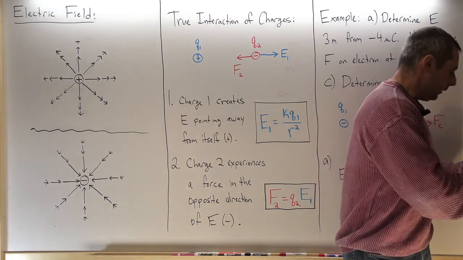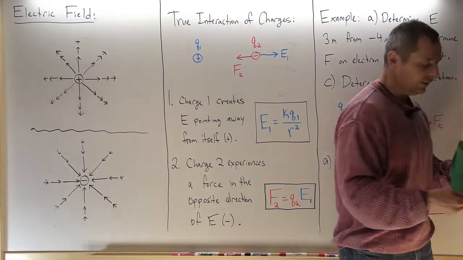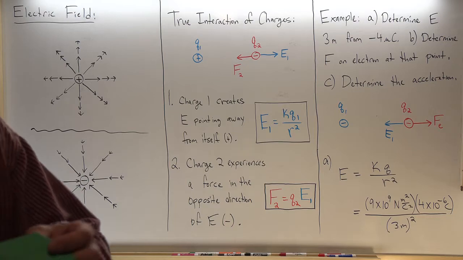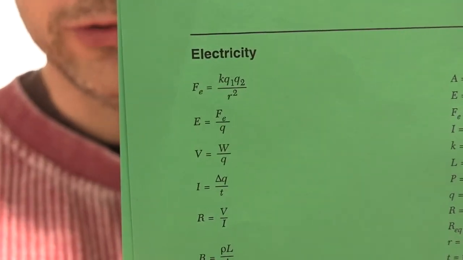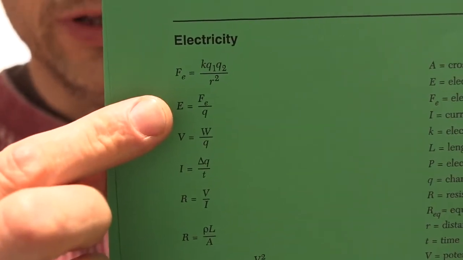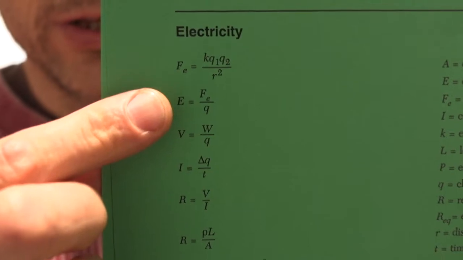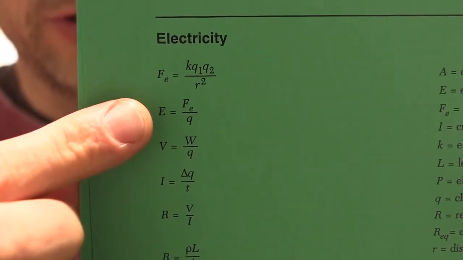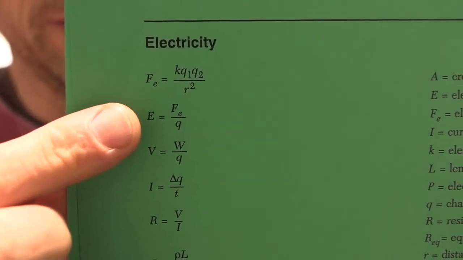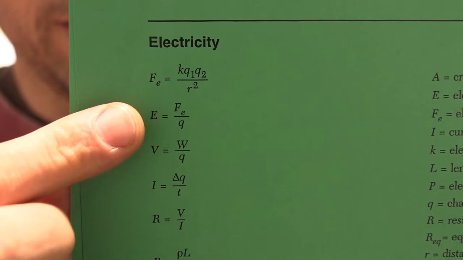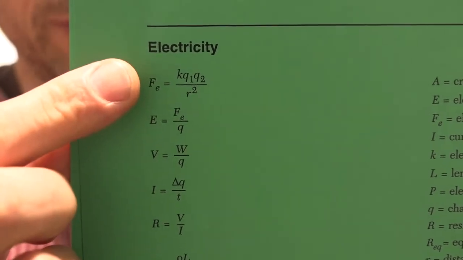So where is this on the reference table? Is it on the reference table? Sort of. So here we are in the electricity section. And you see the second formula down is electric field is F over Q. That's basically the formula I had, F equals QE. It's the same formula. But they don't have kQ over r squared, but they have this formula.